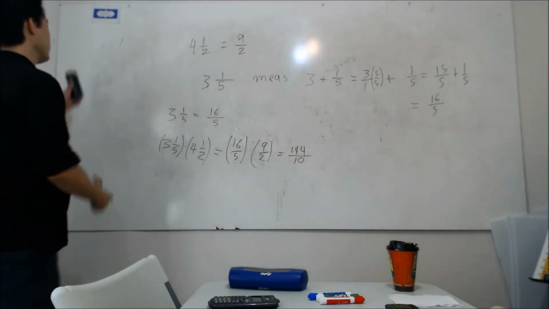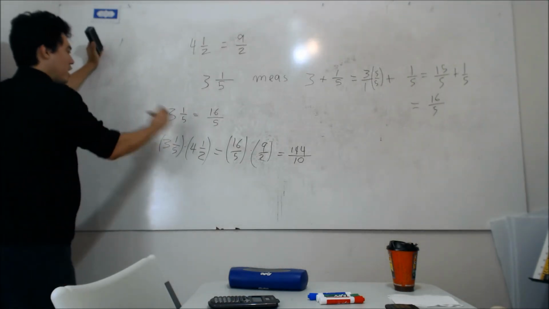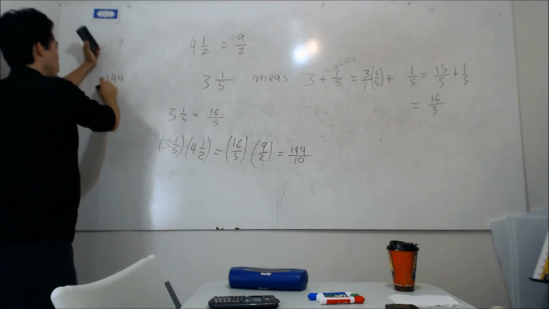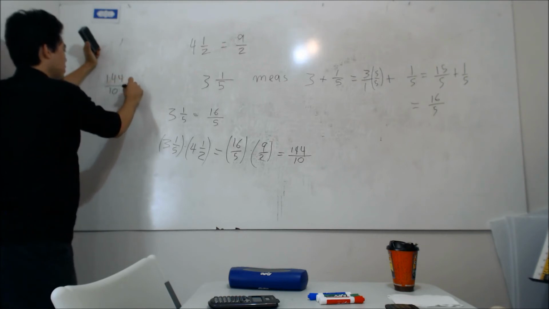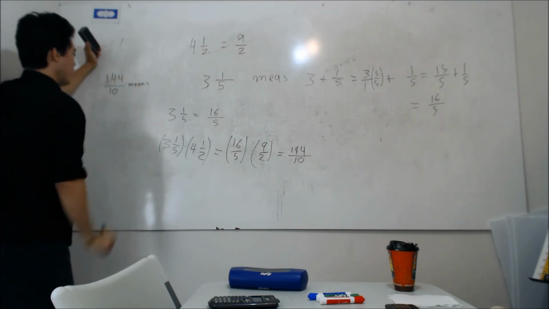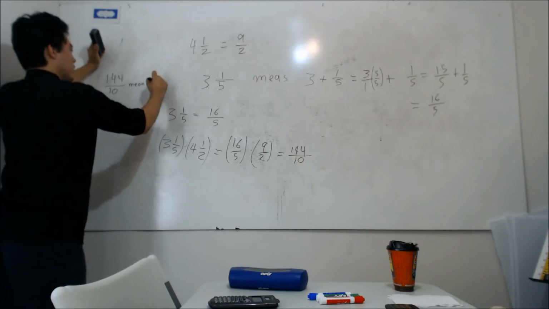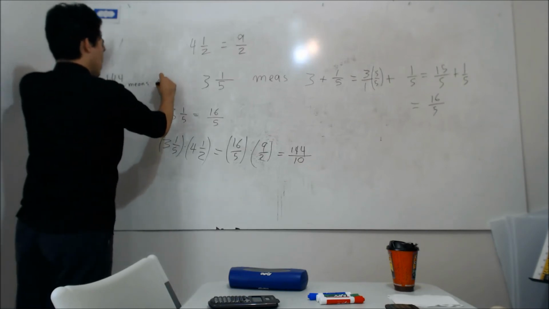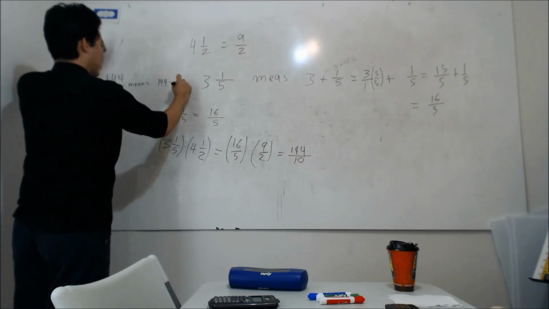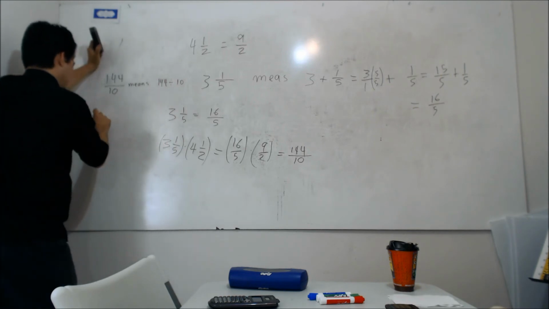So as we know, 144 over 10 means 144 divided by 10, because I'm so uncomfortable leaving it in that form. And if you divide 10 into 144, you get 1, and that gives you 10.